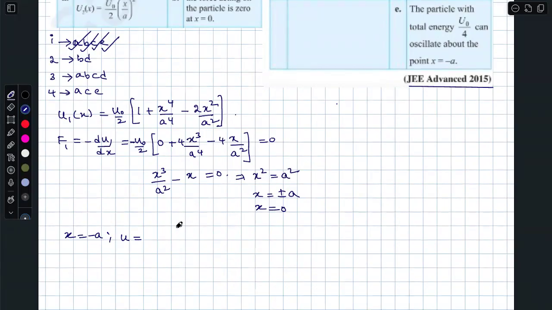We need to define stable and unstable equilibrium positions also now. Now you take d square u by dx square. So this is u naught by 2 times 12 by a power 4 x square minus 4 by a square.